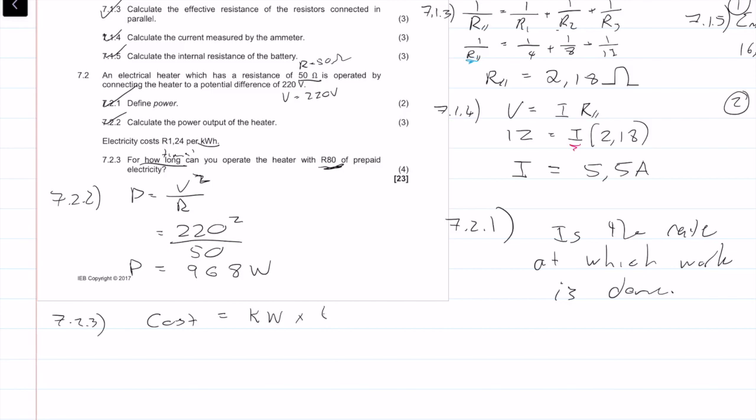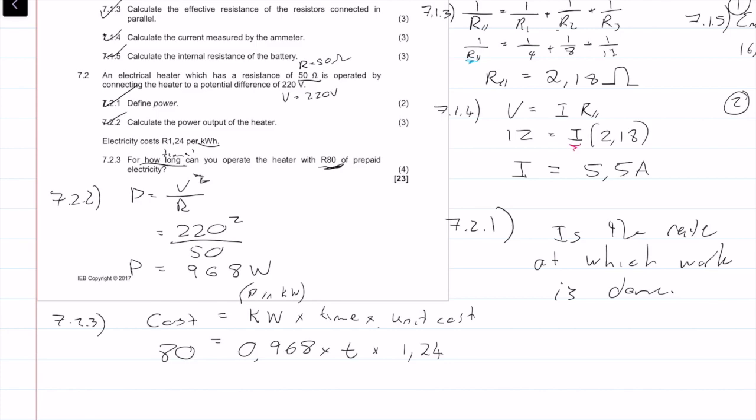times our time times our unit cost. So the number of kilowatts, or our power, we want in kilowatts, so that's going to be equal to 0.968 times our time, which is the unknown, times the unit cost, R1.24 per kilowatt hour, is equal to our total cost, which is 80.